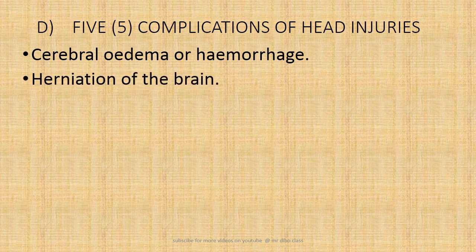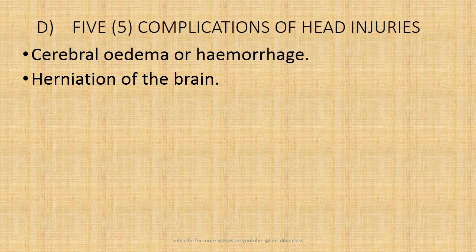The second one is herniation of the brain. Now the brain is usually displaced laterally or downwards through or against the rigid structures of the skull. Therefore, herniation actually produces ischemia, infarction, or irreversible brain damage, and eventually it will cause brain death.